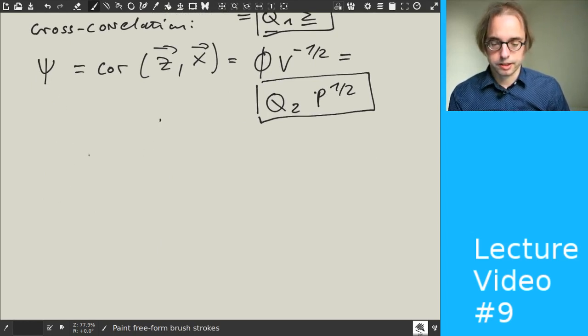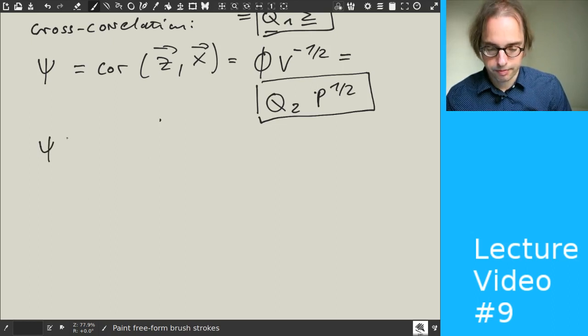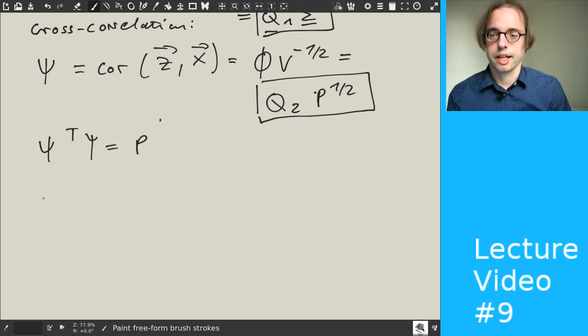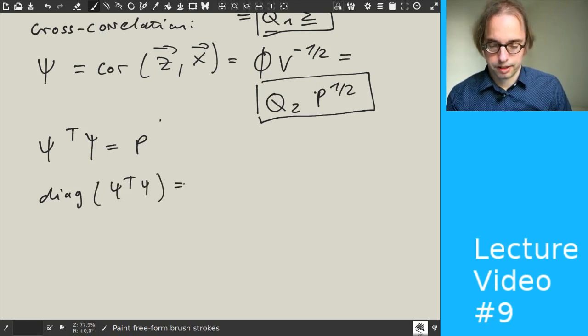From the definition, you see that psi transpose psi gives back the correlation matrix, and hence the diagonal of psi transpose psi is the vector with all ones on the diagonal.